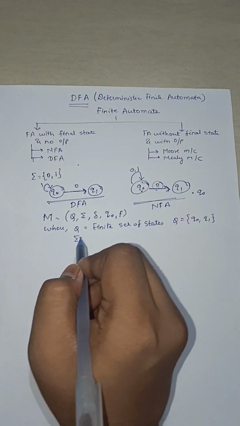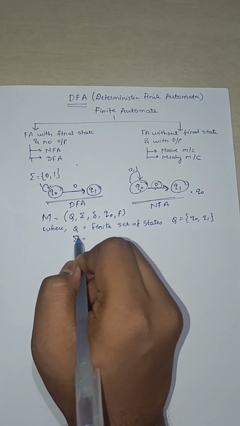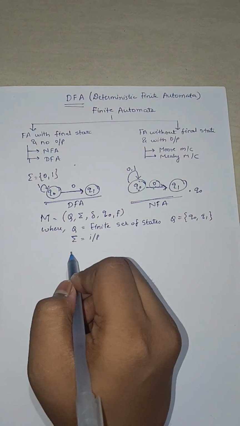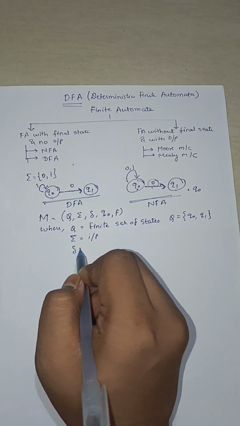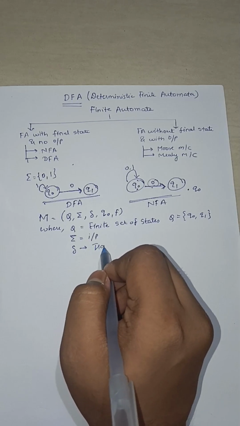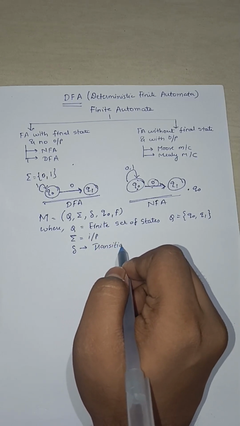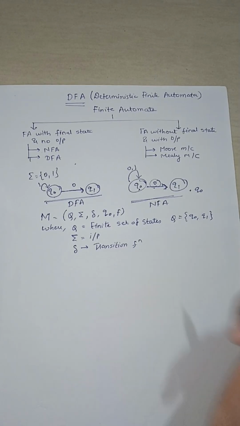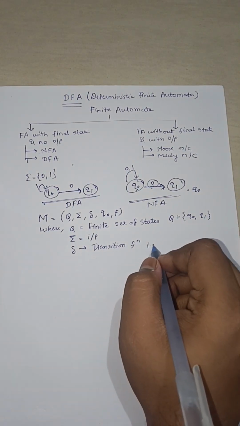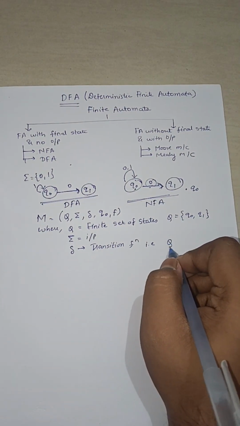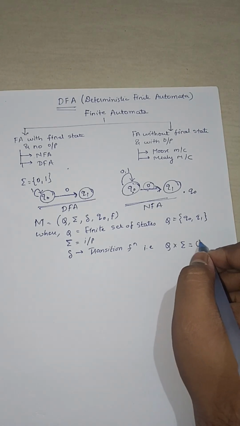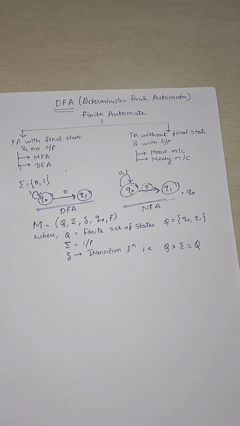Sigma is called the input alphabet. Delta is called the transition function, that is Q times input symbol giving you a state only.